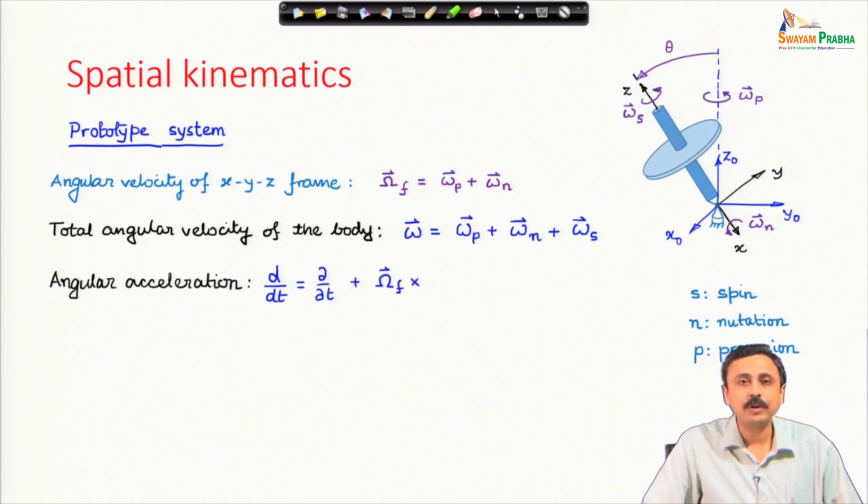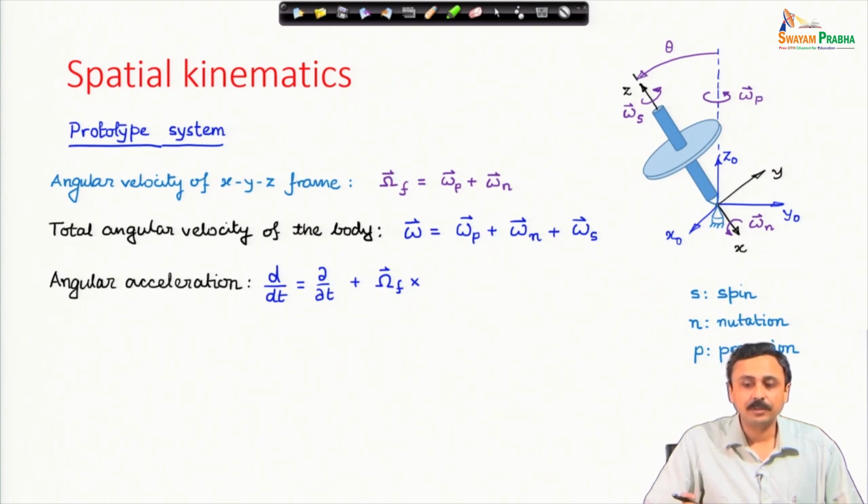Angular acceleration: to find out angular acceleration we have to use this prescription d dt is del del t, which is a local derivative, plus omega f cross. Del del t represents the local time derivative, which means it is the magnitudes of the various vectors, not differentiating the frame vectors themselves.